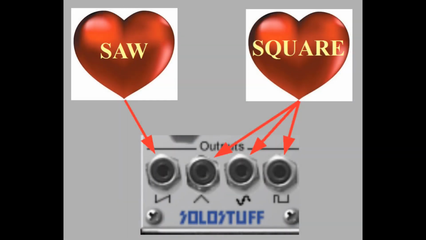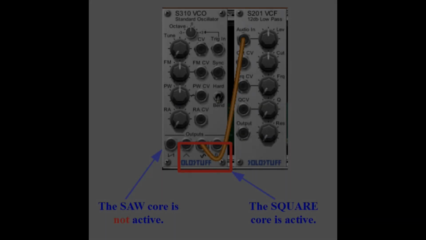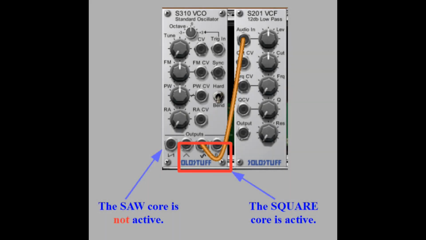The S310 VCO has got two cores, two internal oscillators, a saw oscillator and a square oscillator, which delivers also the source for the sine and the triangle wave. And now something important concerning phase and phase shift. Do you remember some minutes ago?